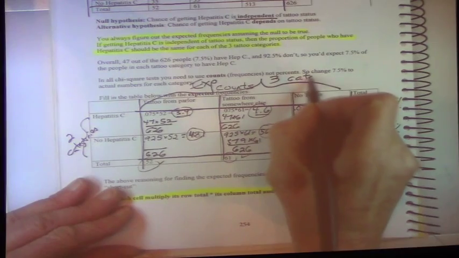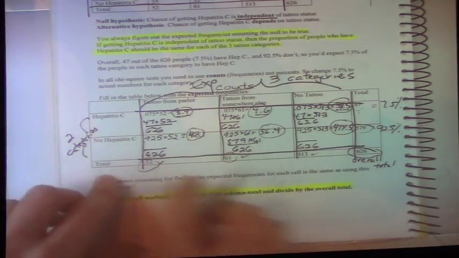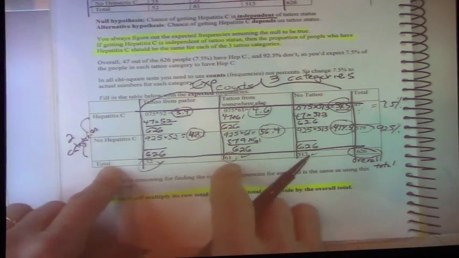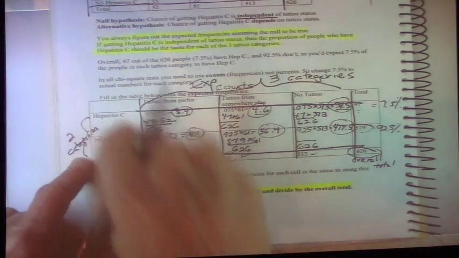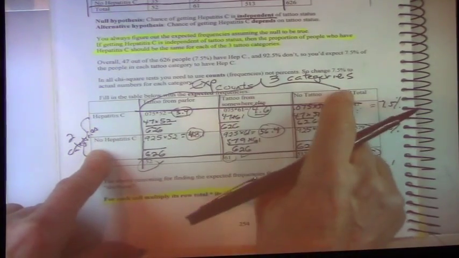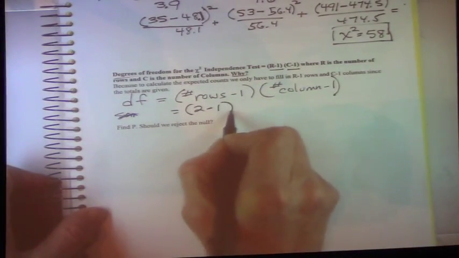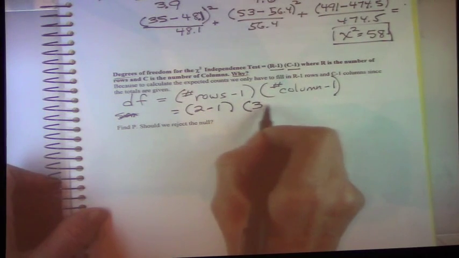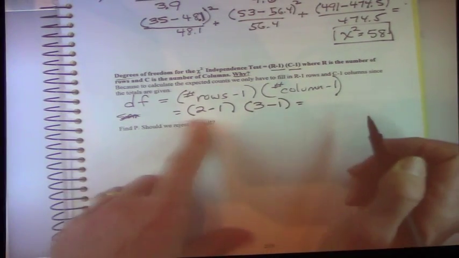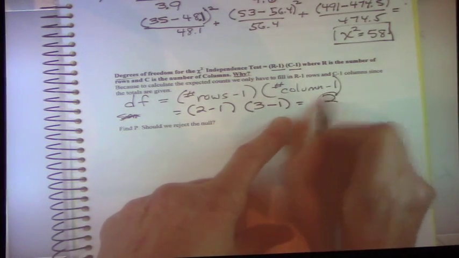If I say the number of rows, the number of columns, which everybody says, people get confused sometimes because they start adding in the totals. No, it's really your number of categories in here minus 1 times your number of categories here minus 1. So let's do that first. So it's 2 minus 1 times 3 minus 1, which is only what? 1 times 2.